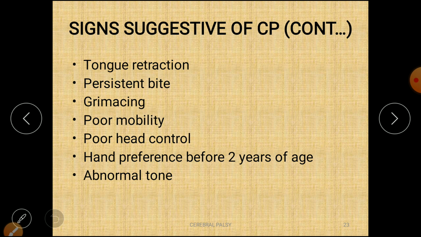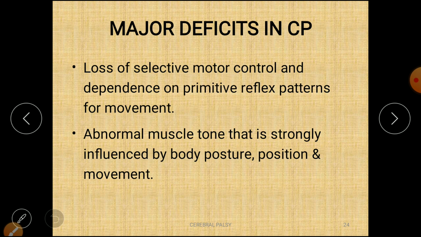Others are tongue retraction, persistent bite, grimacing, and the child making facial expressions. Then poor mobility, poor head control, hand preference before 2 years of age, and abnormal tone, whether it is dystonia or spasticity, are also signs of CP.